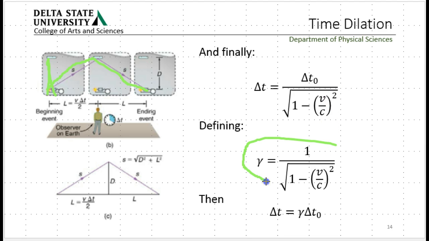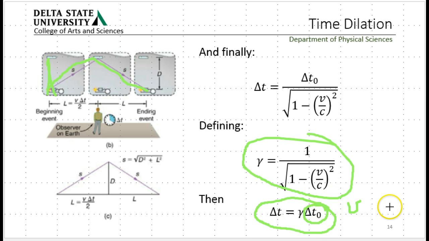We call this whole thing, 1 over the square root of 1 minus (v over c) squared, gamma, and we just write this as delta t equals gamma delta t0. So time in your reference frame differs from time in an inertial frame moving at a velocity v relative to you by this factor gamma.